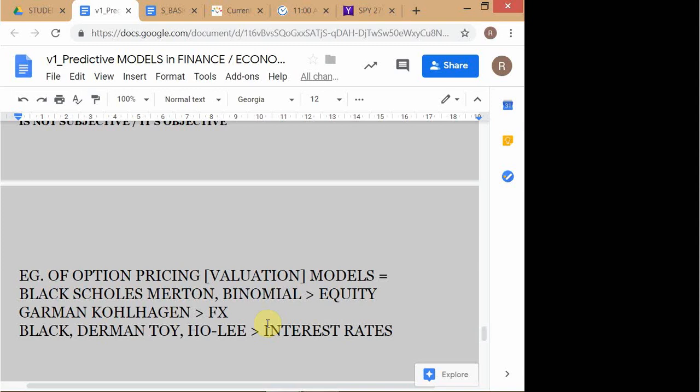Let's say Patna sugar price equals 45. I'm not writing rupees per kilo, let us just write 45.